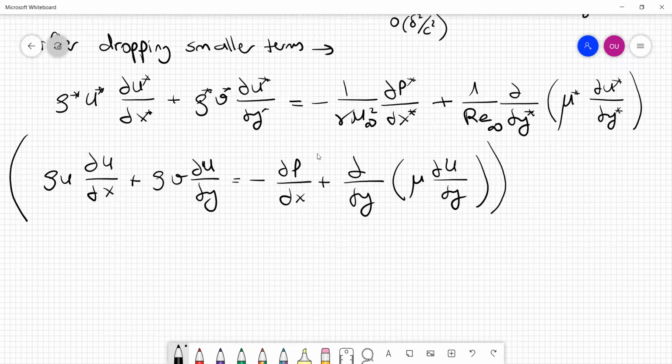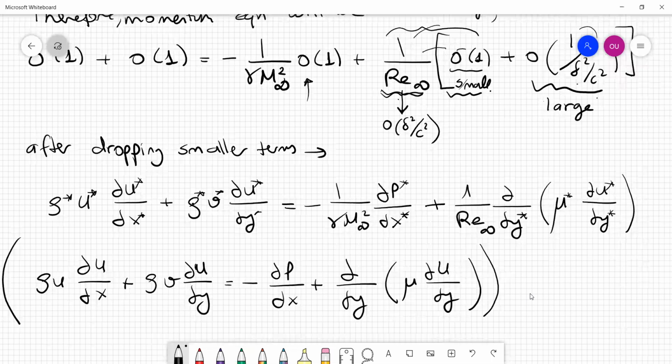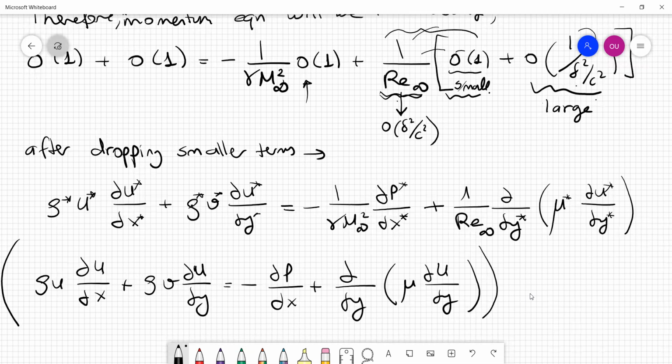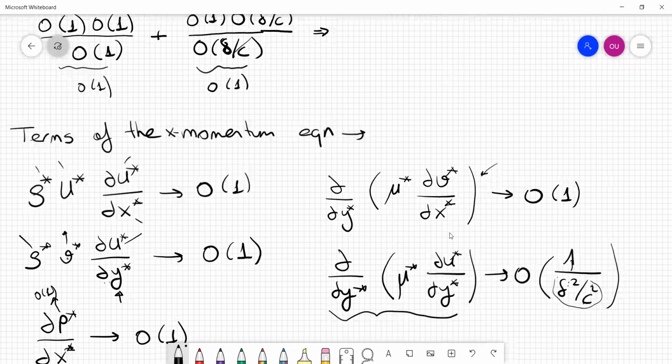Now, I would like to ask, how did we just write the order of magnitude as delta square over c square for 1 over Reynolds number? It's based on the Reynolds number definition, yes. Let's see, it's up here somewhere.